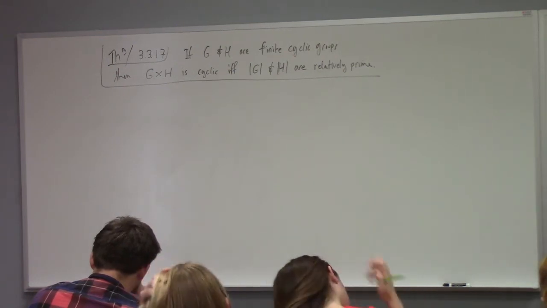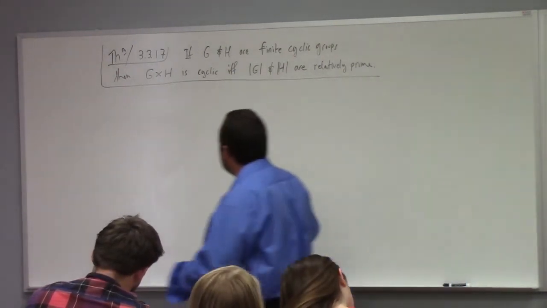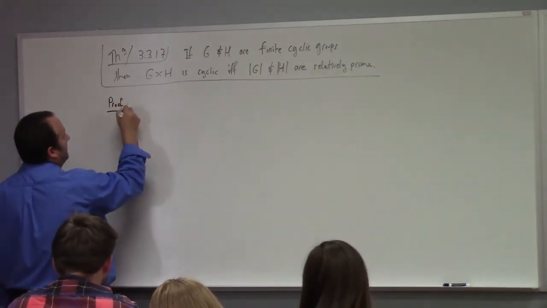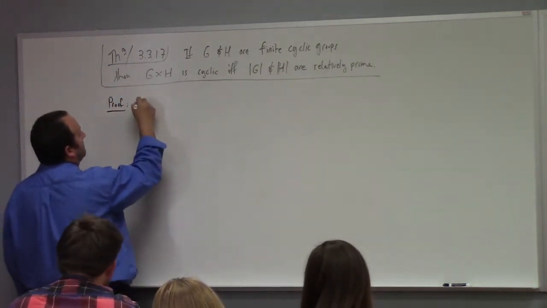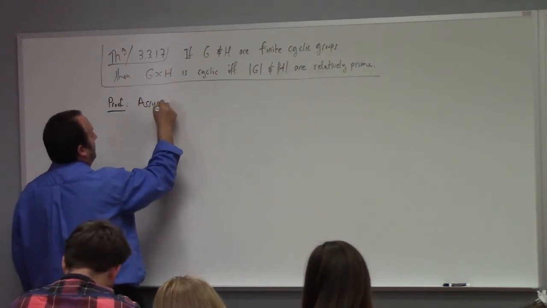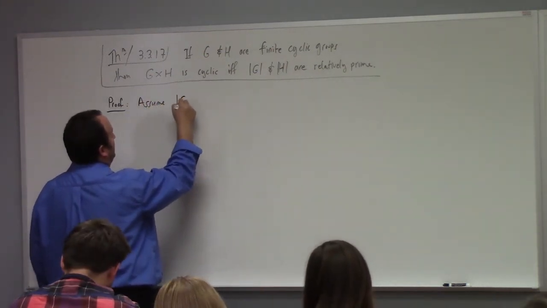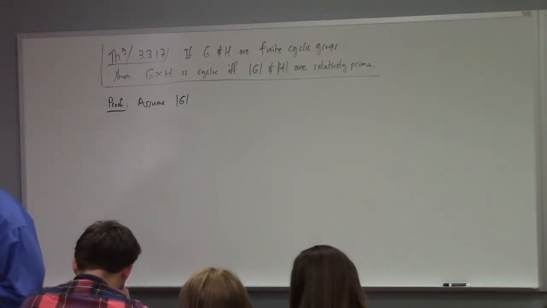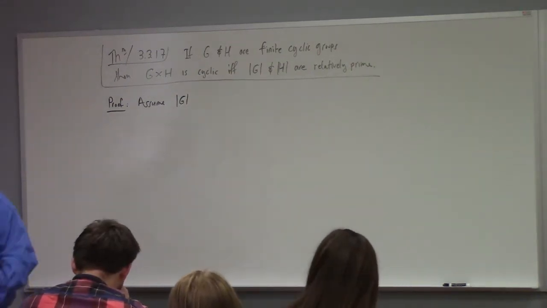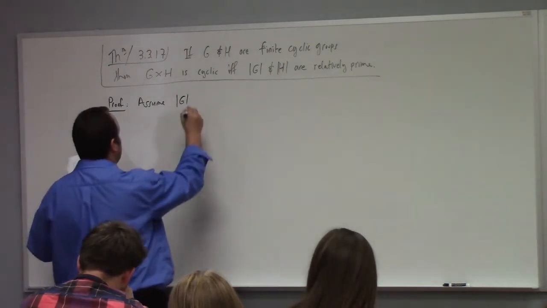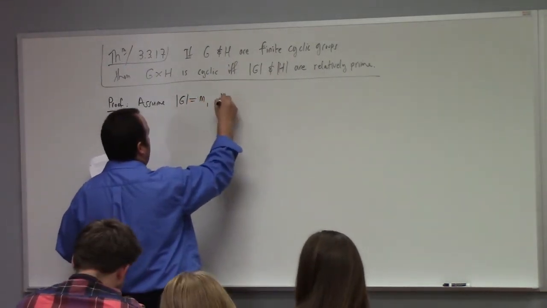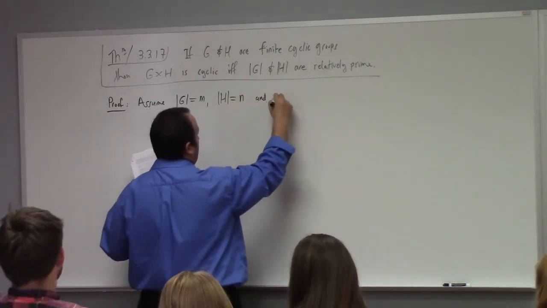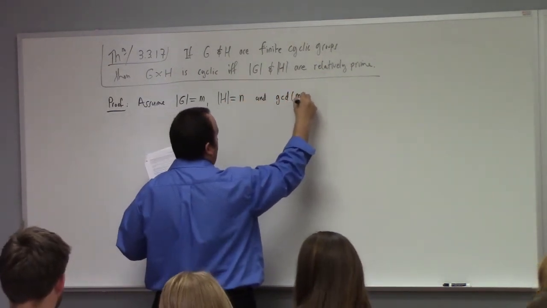And let's see here. So let's assume, well, let me follow my notes. Suppose the order of G is equal to M, the order of H is equal to N, and the greatest common divisor of M and N is 1.